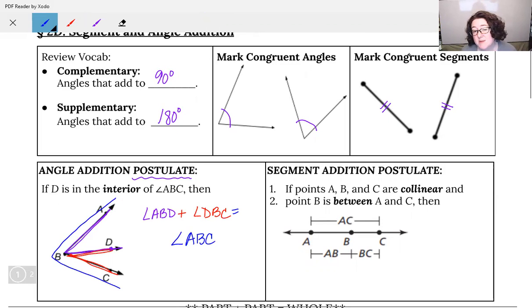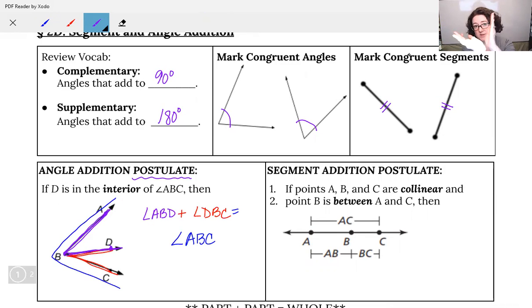Now, notice how I'm naming these angles, and this is very important as we keep moving on through geometry. I'm basically tracing through the points that are labeled on that angle. So angle ABD, I traced right straight through in order to say here's where the sides of my angle are.